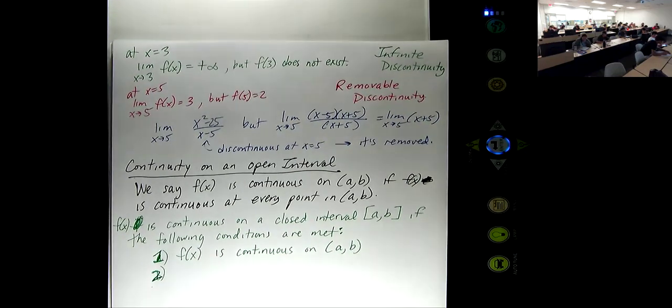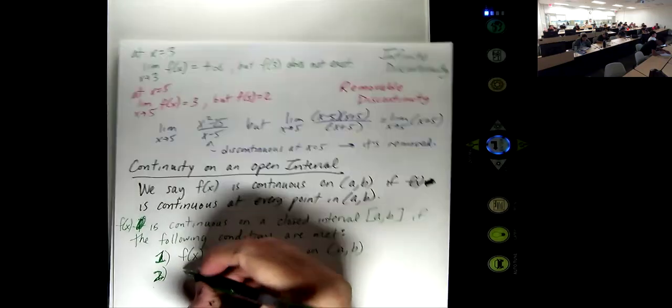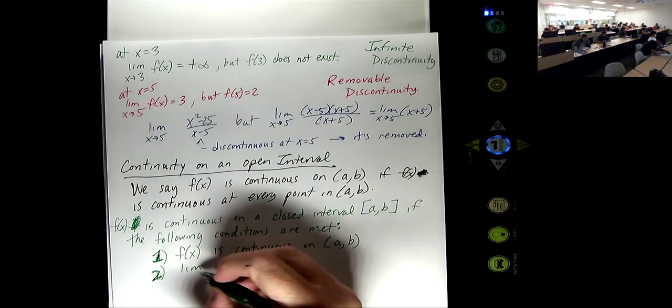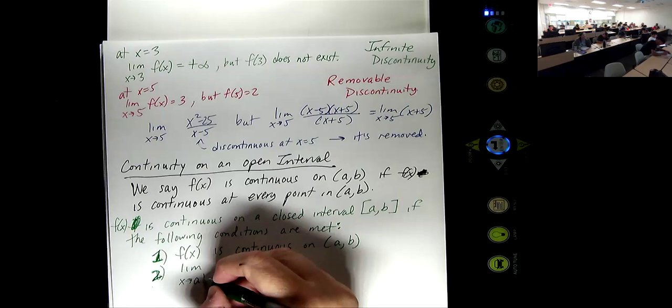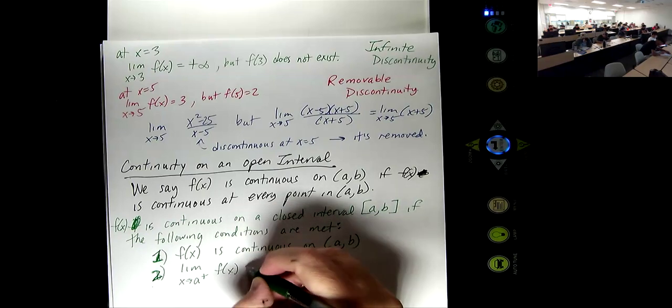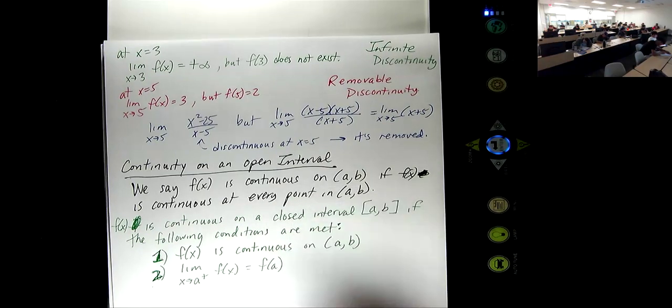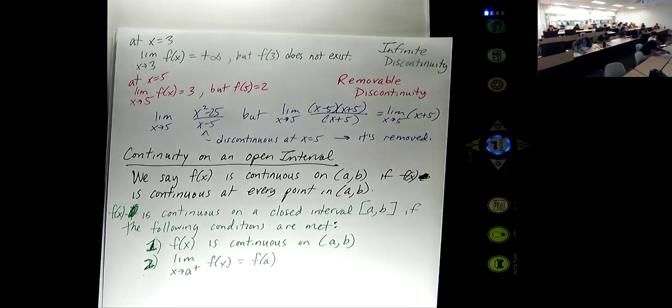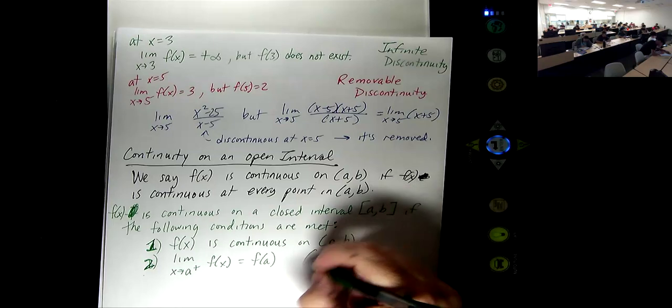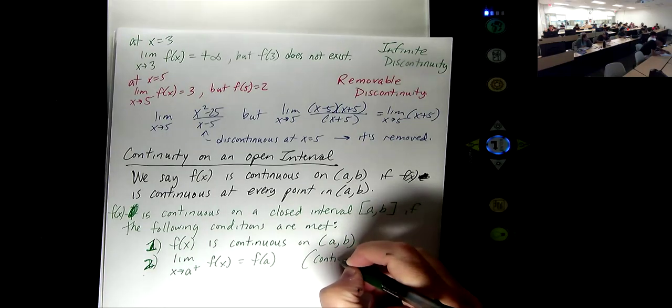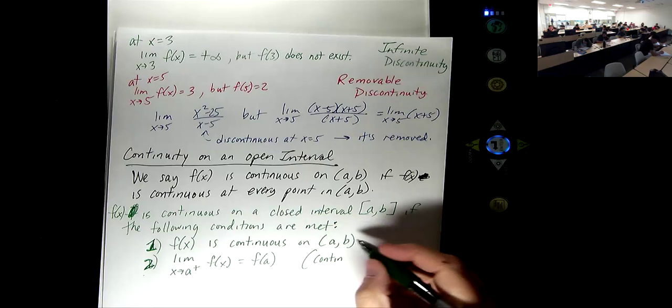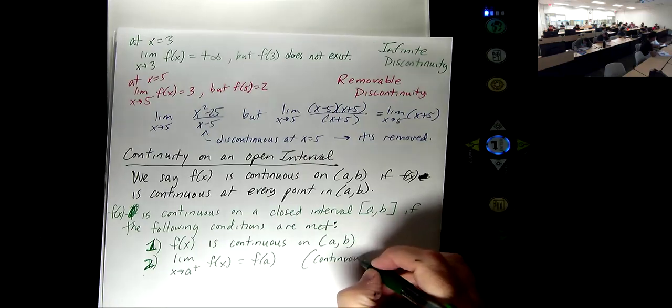So 2. The limit as x approaches A from the right of f of x equals f of A. Which means it's continuous from the right at A.